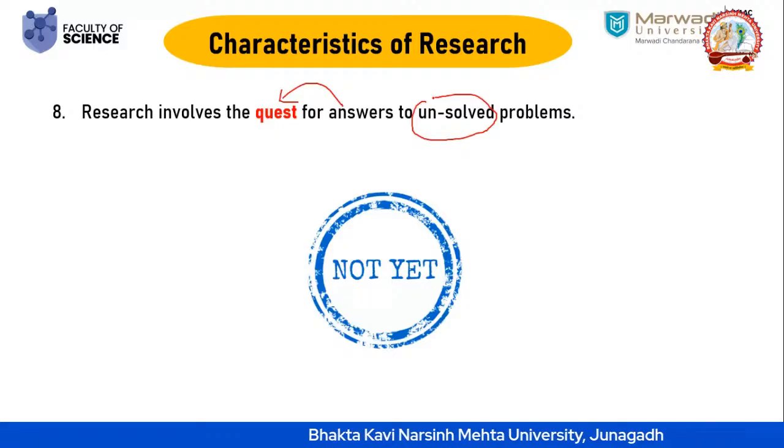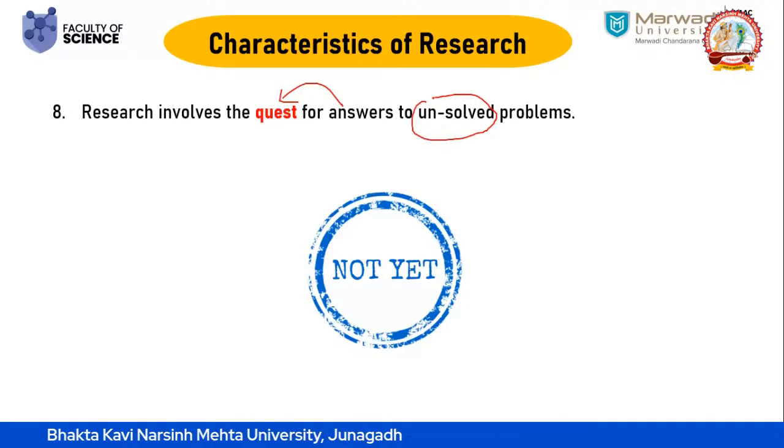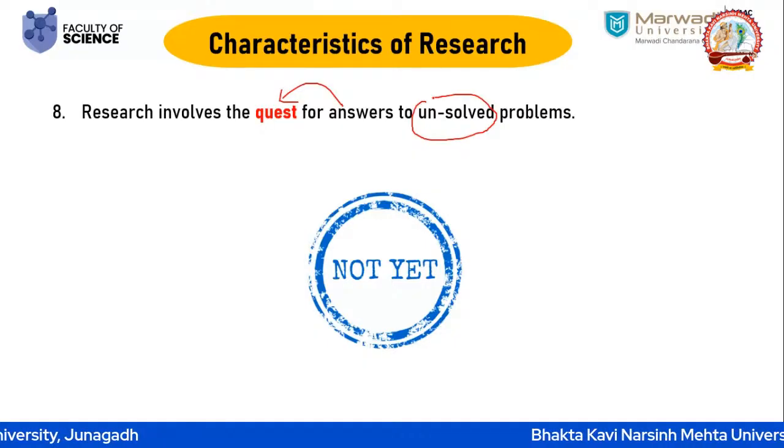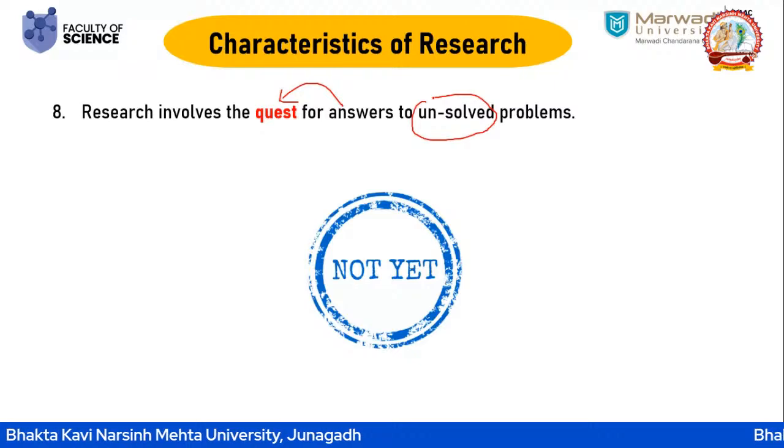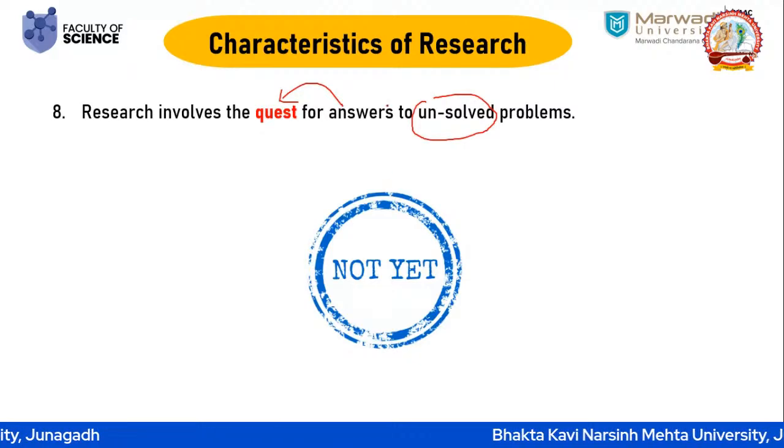For example, if you are doing organic synthesis, working on indole derivative molecules, indole has been known previously, and a number of reactions are there for the preparation of indole, but the derivatives you are identifying should be new. It should be new to the research. Then that particular work will be considered as research.